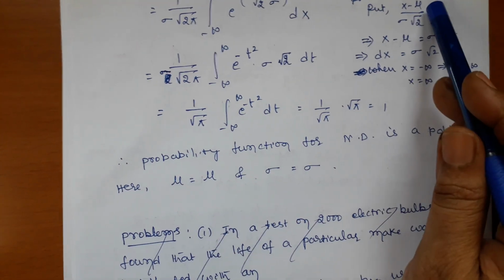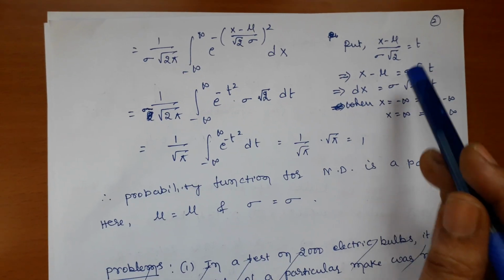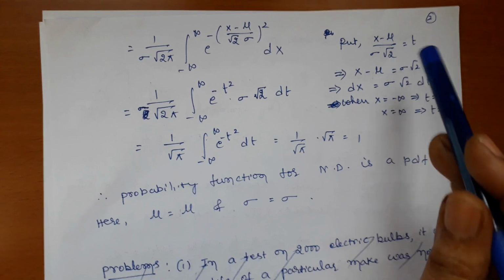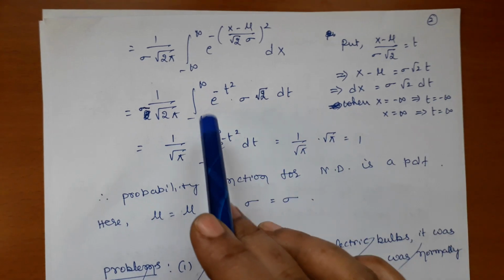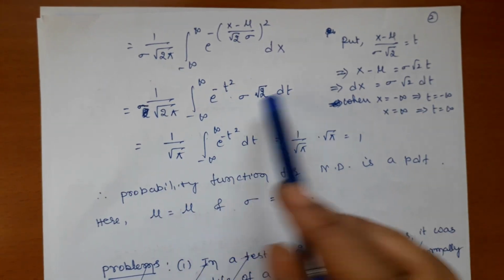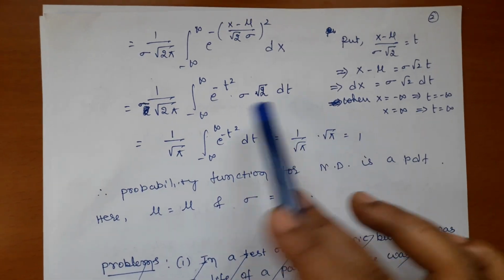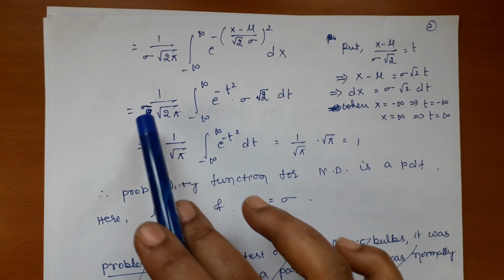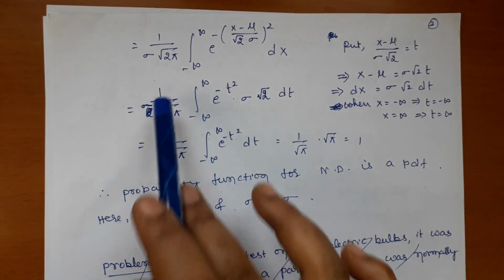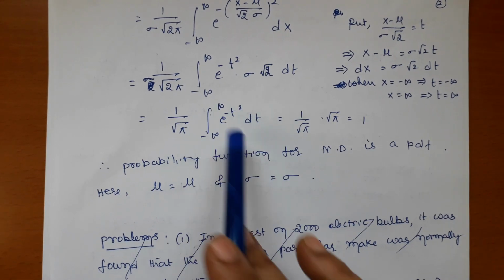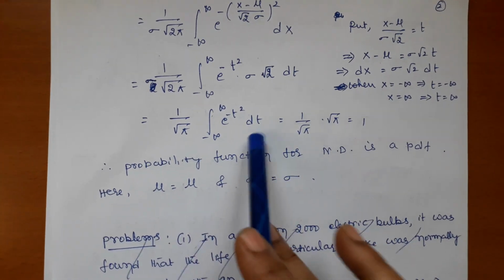Instead of (x minus mu by sigma) by 2, we take t square. Then what is my dx? dx is sigma root 2 into dt. I substitute: root 2 cancels and sigma cancels. What remains is 1 by root pi, minus infinity to plus infinity, e power of minus t square dt.